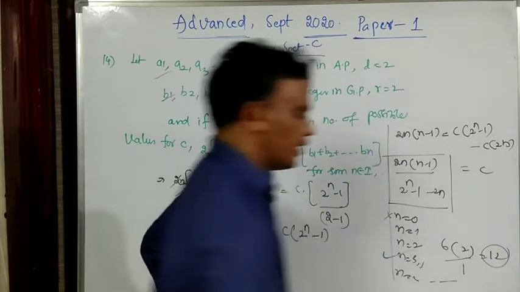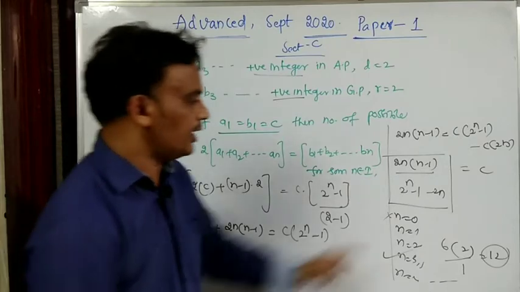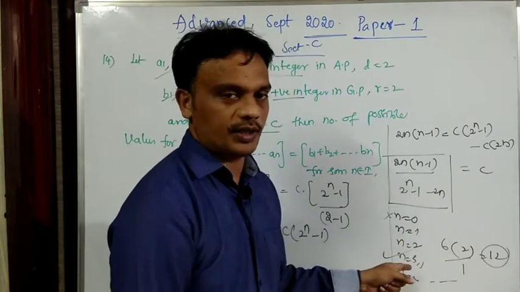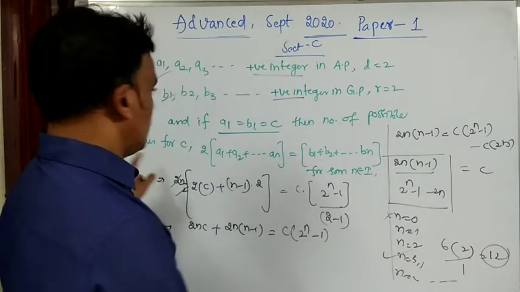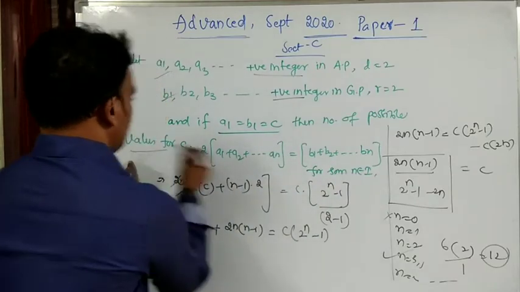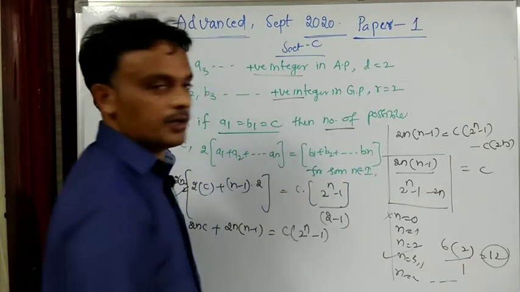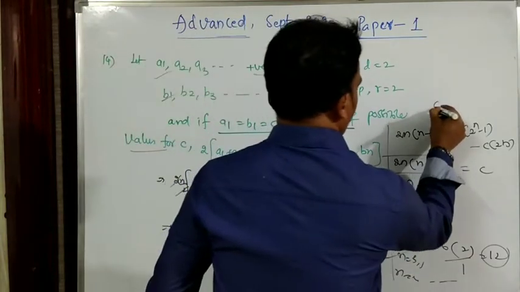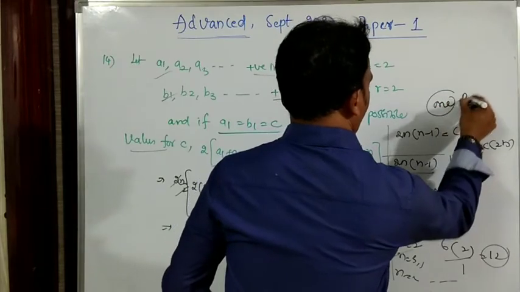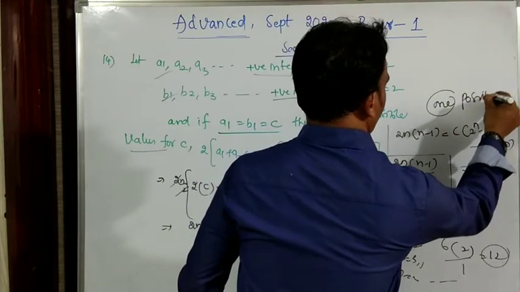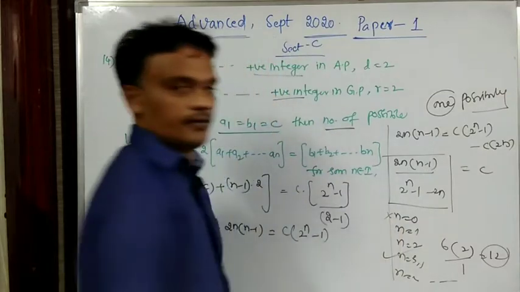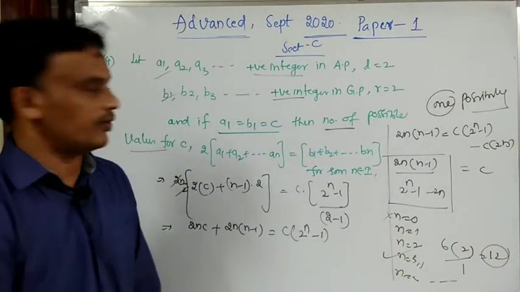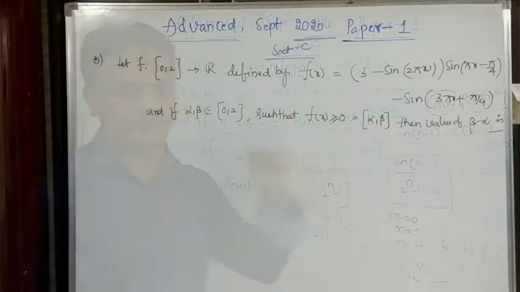So for n equals 3, the value of c is a positive integer. They are asking the number of possible values of c, and there is only one possibility. That is your problem. Your integer value is 1.